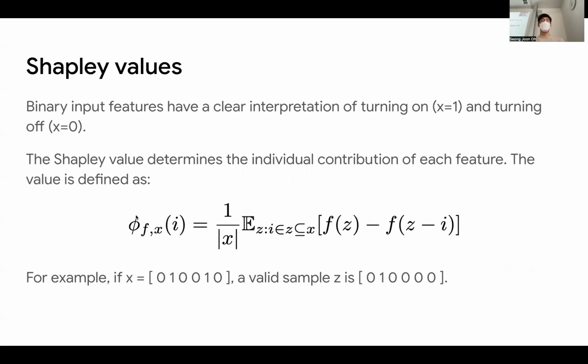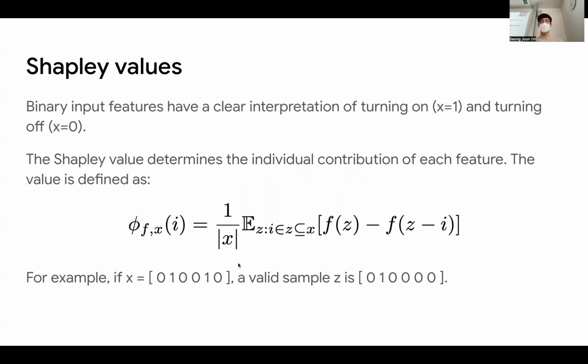And you can simply define your Shapley value to be this quantity here. So I'm going to explain what each term here means. So phi f and x of I means the contribution of feature I to the prediction of f of x. Okay, and x has features that run from 1 to size of x.